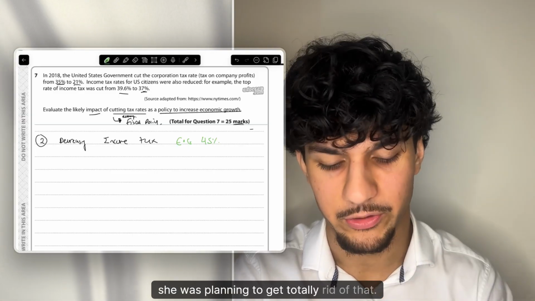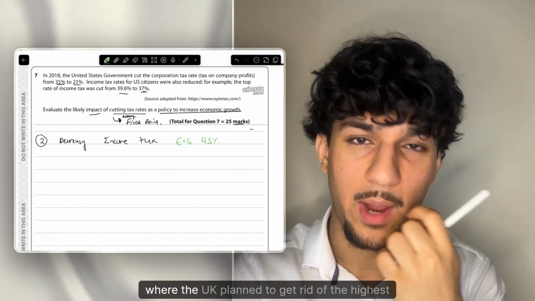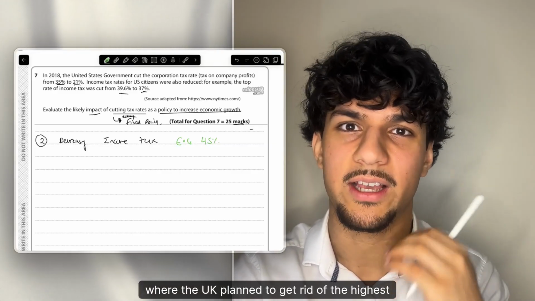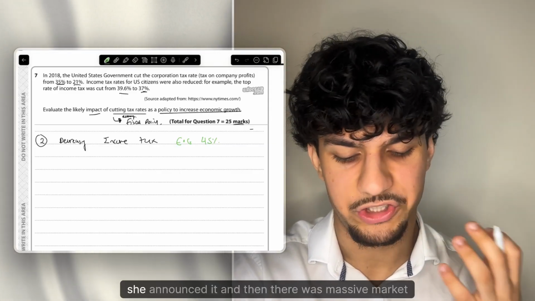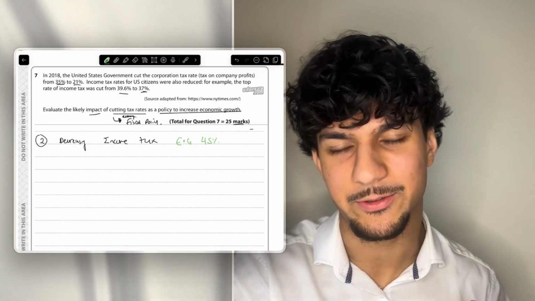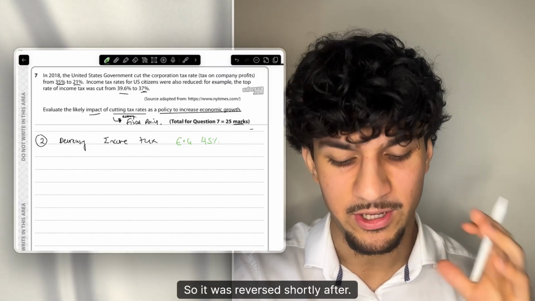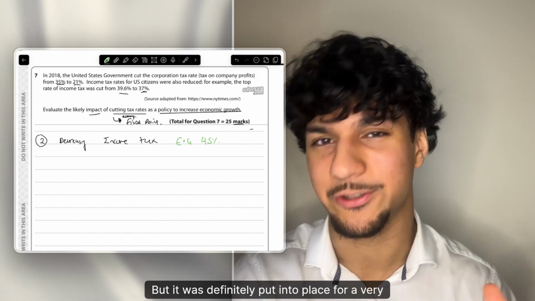It never went ahead since the plan was abolished. As a lot of you will know, she announced it and then there was massive market uncertainty, so it was reversed shortly after, but it was definitely put into place for a very short period of time.